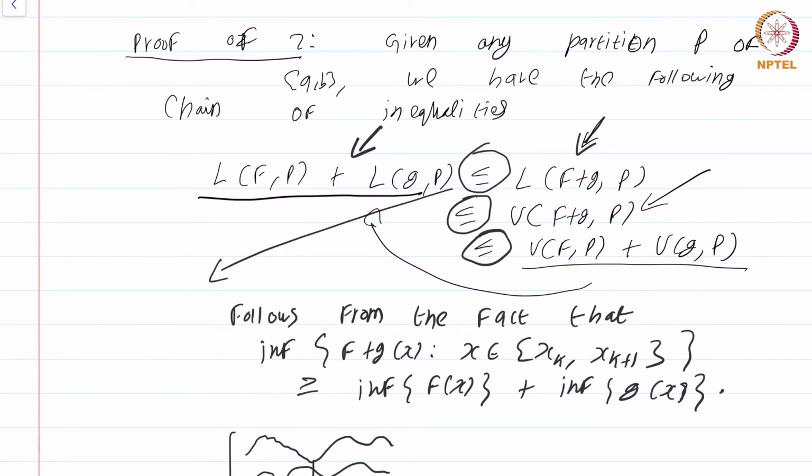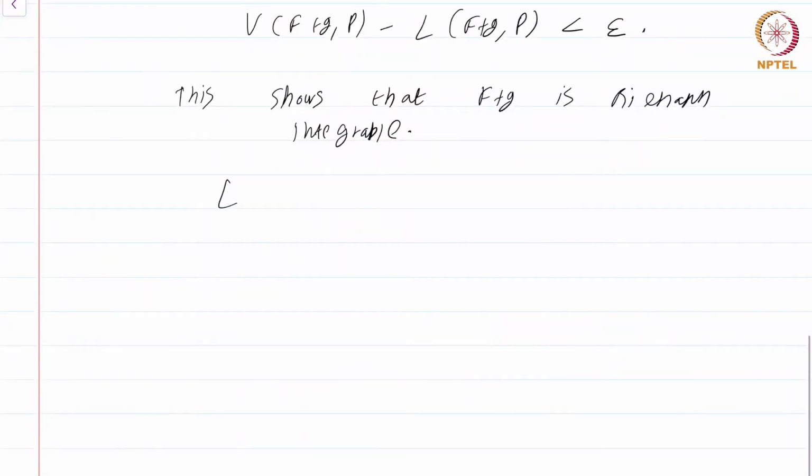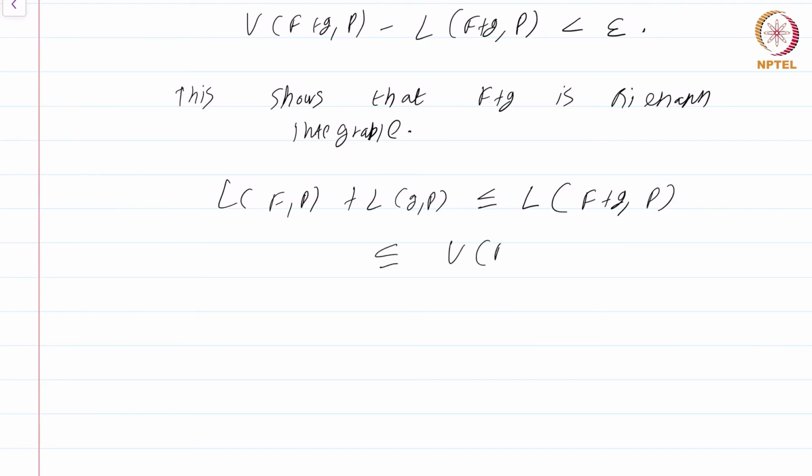But as you run through all partitions, we still have the inequalities L(f,P) plus L(g,P) is less than or equal to L(f+g,P) is less than or equal to U(f,P) plus U(g,P). I'm just taking part of these inequalities.